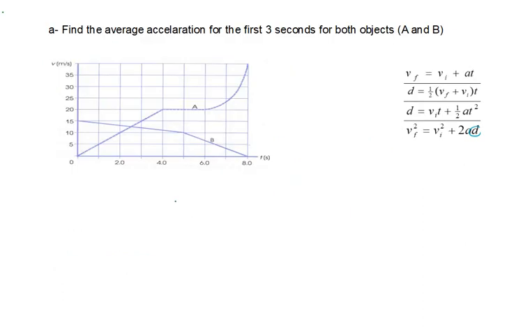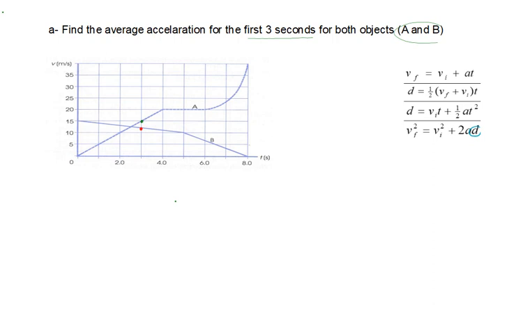So let's look at another question. The other question asks to find the average acceleration for the first 3 seconds for both objects A and B. So for the first 3 seconds, we're going to go to object B and object A right there.